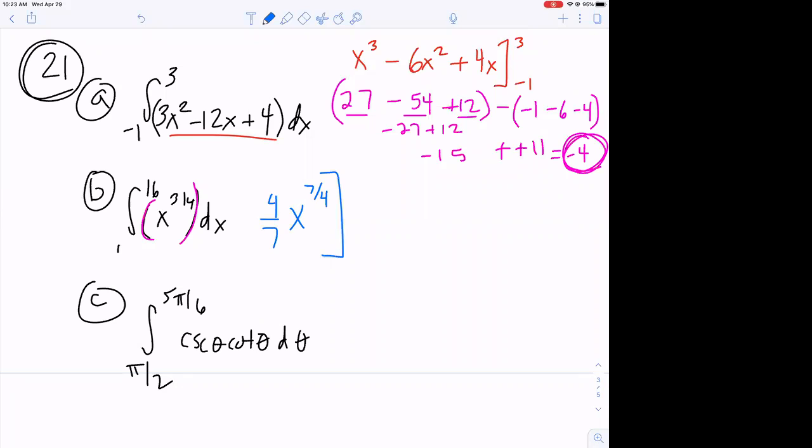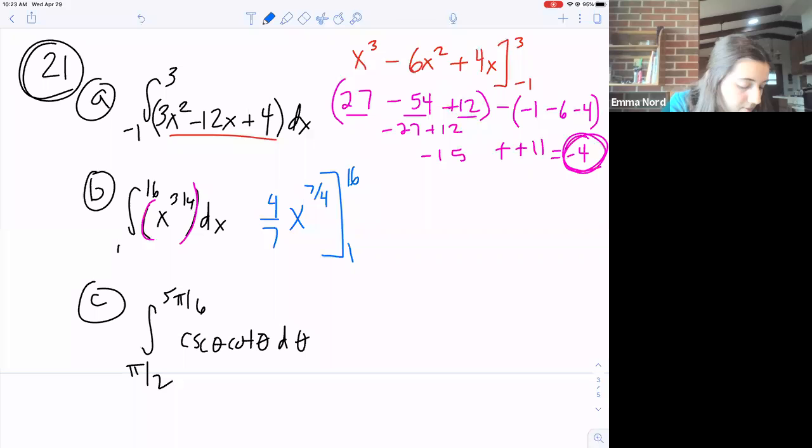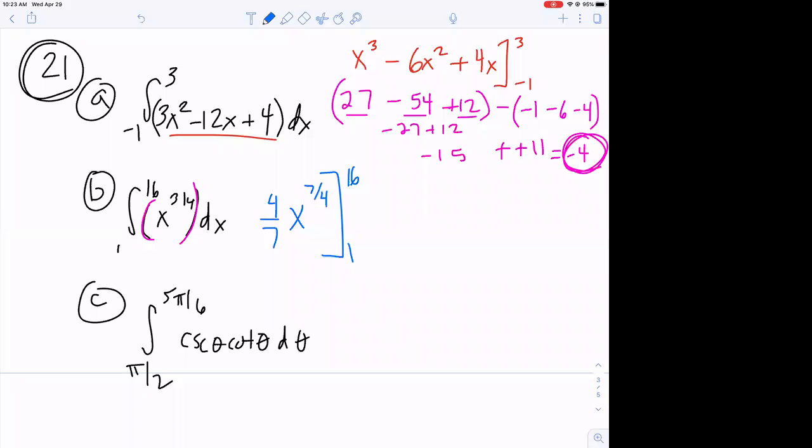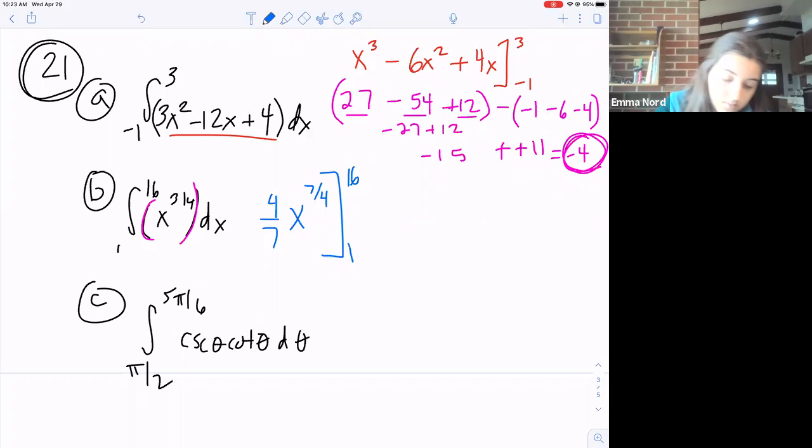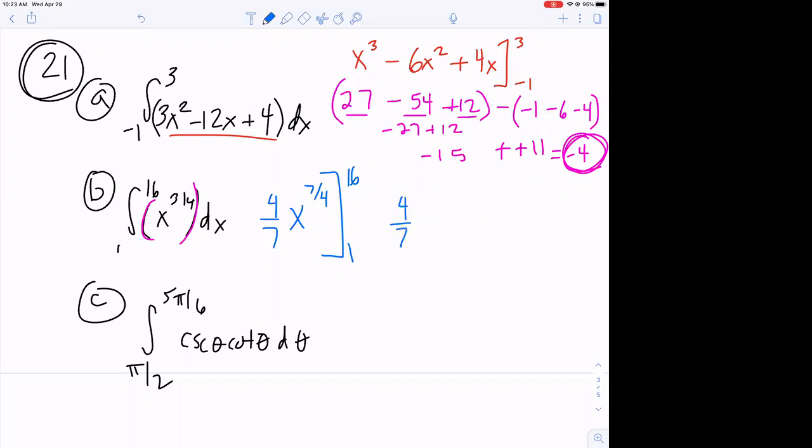And then from 16 to 1, this is a little gross, so you can obviously use your calculator, but because 16, the fourth root of that is 2, but then you have to take it to the 7th. I want to say that's like 128, but I'm not sure. I think you're right, because 32. Yeah, I think so. It is. 128, and so it'd be 4/7 times 128, which is really kind of gross.